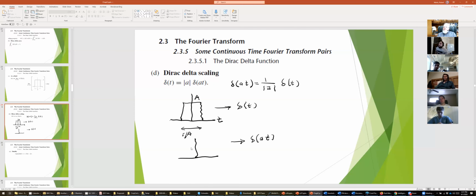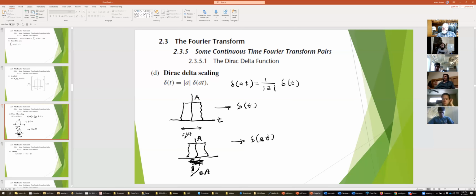Remember, when we multiplied this, we shrunk it down by the factor. Here we're multiplying by a little a, so we're shrinking it down by a factor. So this would approach the delta of at.